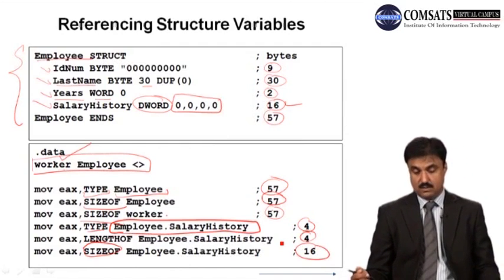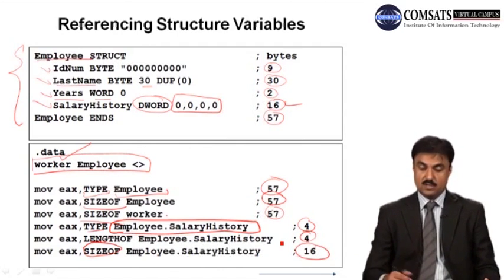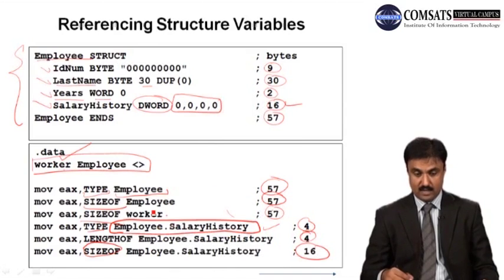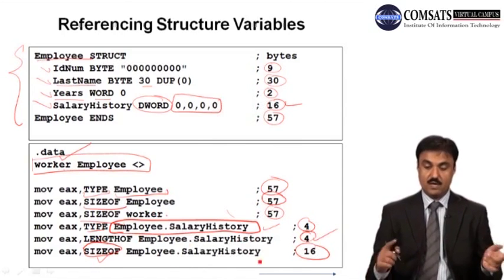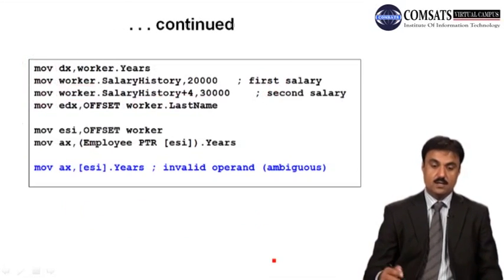So you can use LENGTHOF, TYPE, and SIZEOF. TYPE gives the size of each element in bytes, 4 because it is a double word. LENGTHOF, the total number of elements, is 4, and SIZEOF is 4 multiplied by the total number of elements and the size of each element.